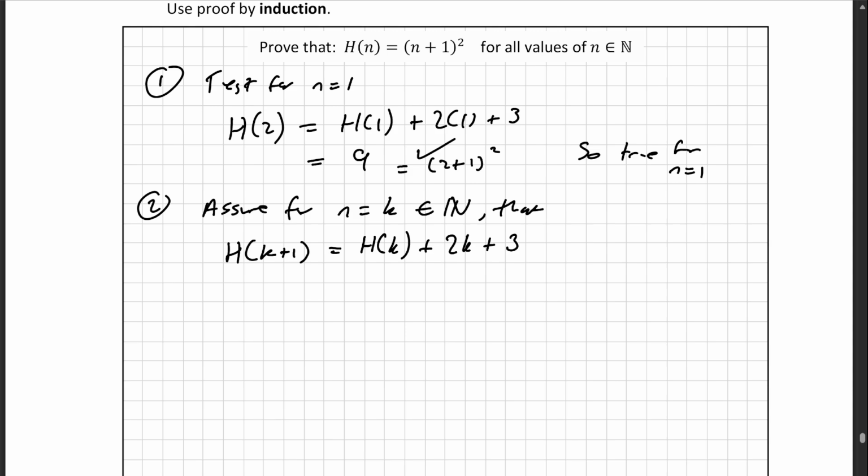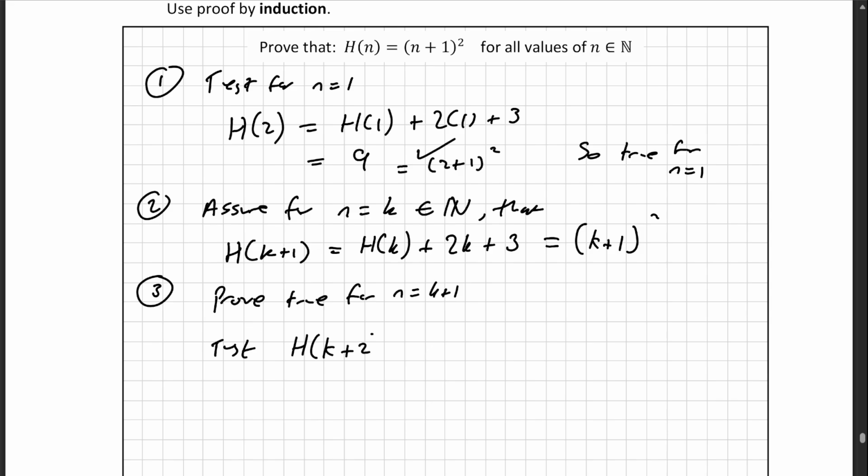So we want that to equal k plus 1 squared. Okay, and then prove true for n equals k plus 1. So we're going to test the validity of h of k plus 2.